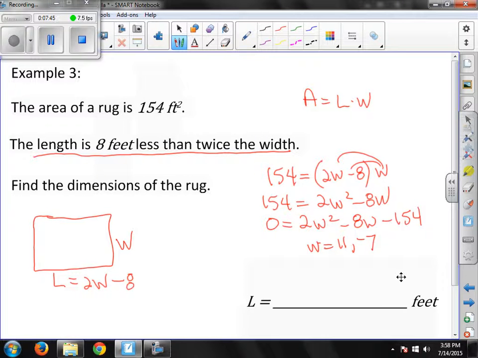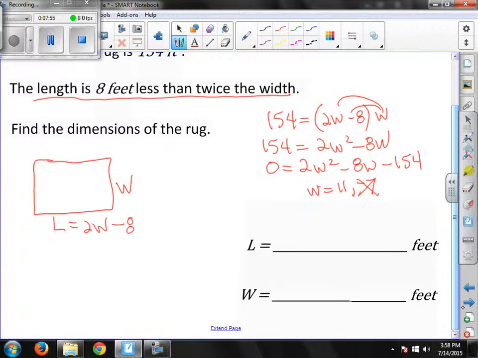What we've seen in our application problems is that a negative dimension makes no sense. So my width is 11 and my length, I need to go back and calculate it. 2 times 11 minus 8, or 22 minus 8, or my length is 14.